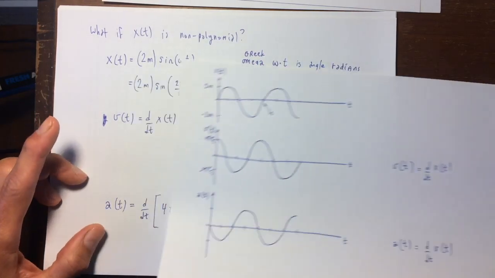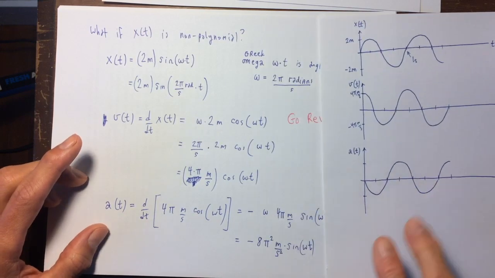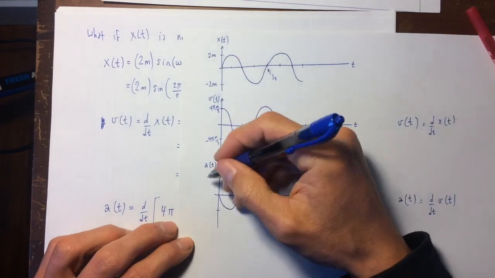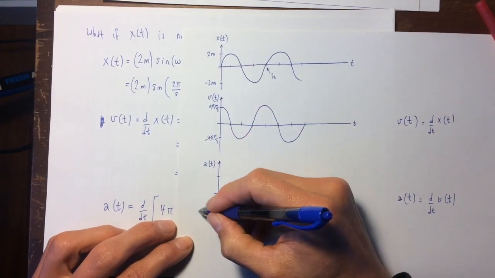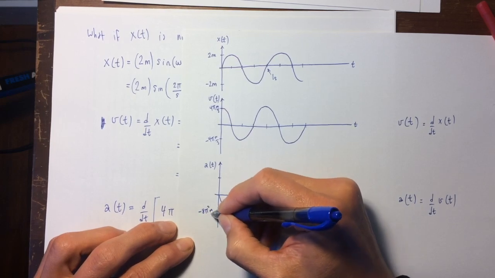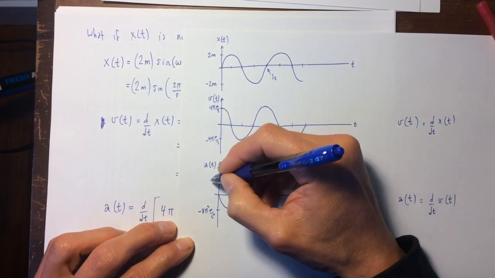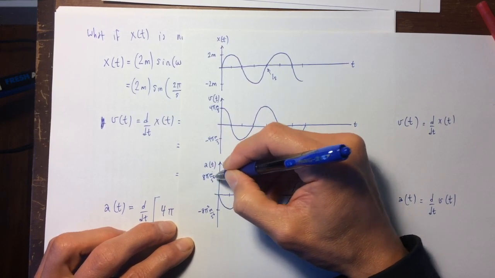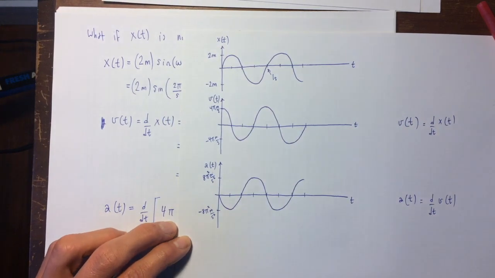Our acceleration function has a prefactor or amplitude of 8 pi squared meters per second squared. So it's going in between -8 pi squared meters per second squared and up to +8 pi squared meters per second squared on the positive side.